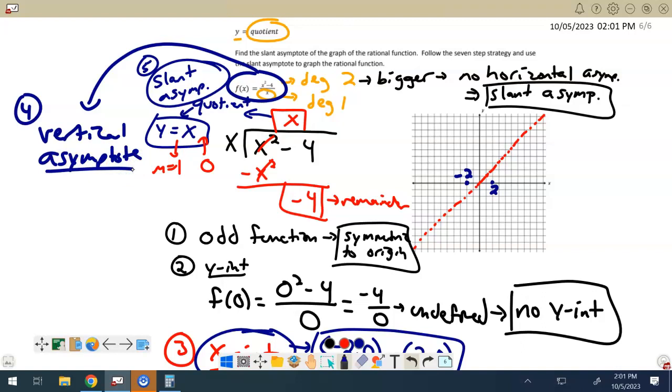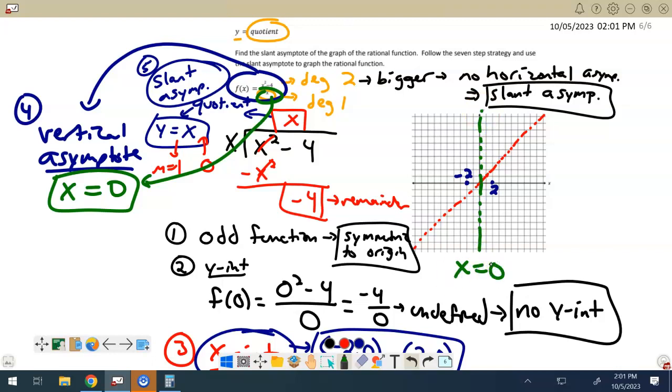You take the denominator, which is x, you set it equal to 0, you solve for x, but it's already solved for x. It's x equals 0. So that's my vertical asymptote, which is the y-axis, right? So that is my vertical asymptote. Sorry, I tried to do dotted lines, but it doesn't quite cooperate with me on that.